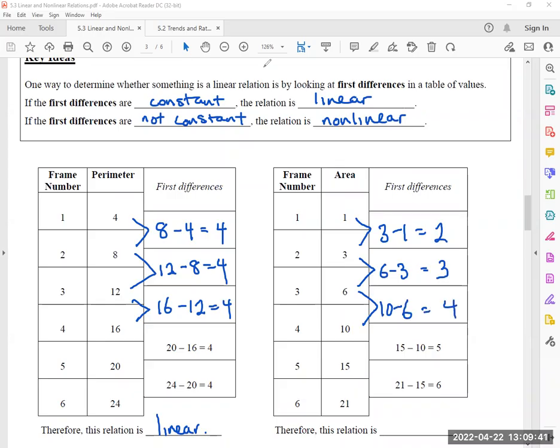You see that the first differences are not constant. If you see that, you know it's increasing more and more, or it's decreasing more and more. This relationship is nonlinear.